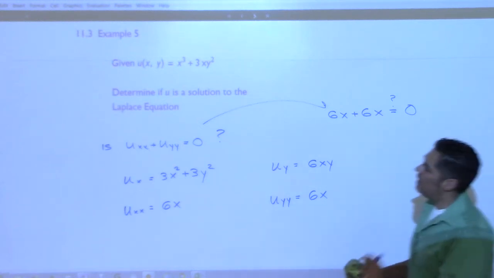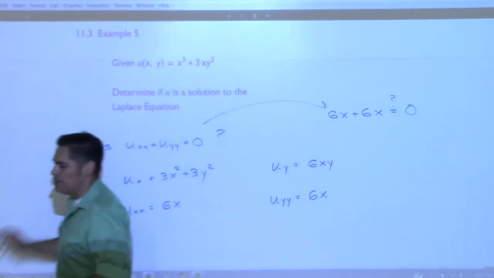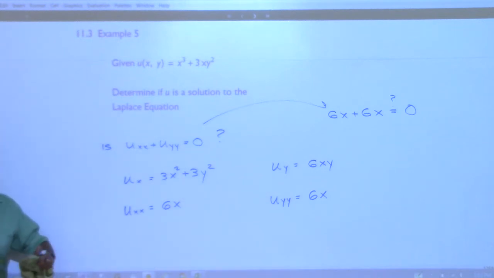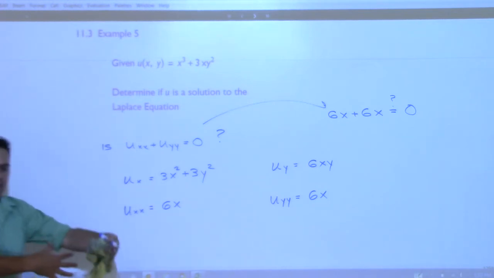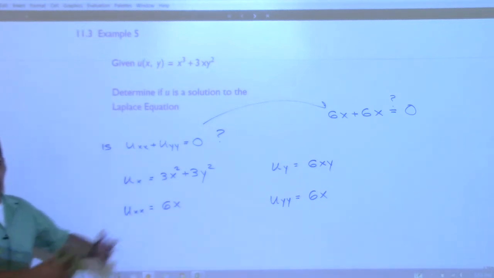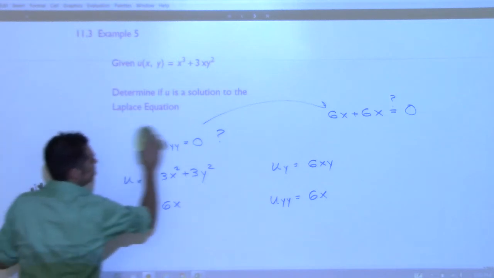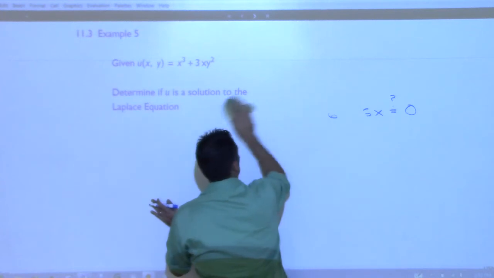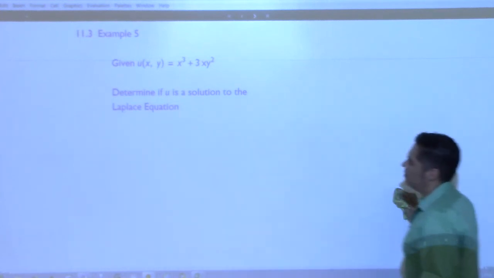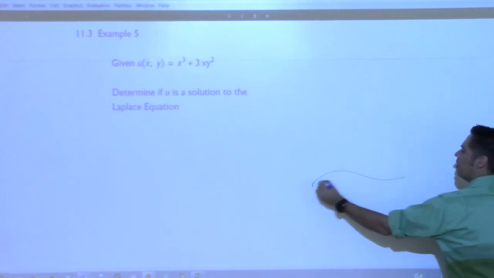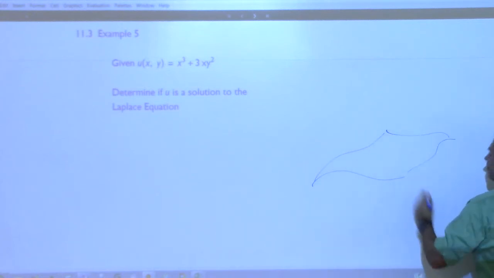So any surface that satisfies the Laplace equation, they behave a certain way. And it's used in harmonics. Like you have a whole category of functions that act a certain way so long as they satisfy the Laplace equation. One way you could look at it, maybe this might help. I don't know if this is going to help. Let's say I have a surface, right?